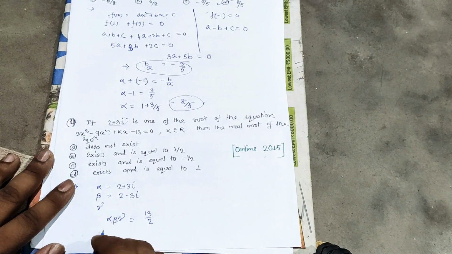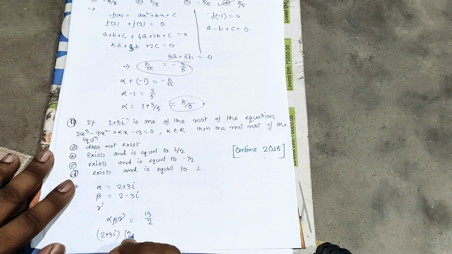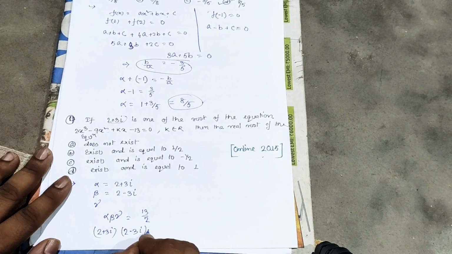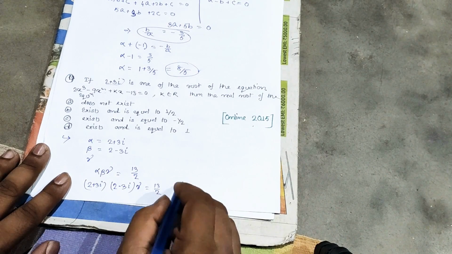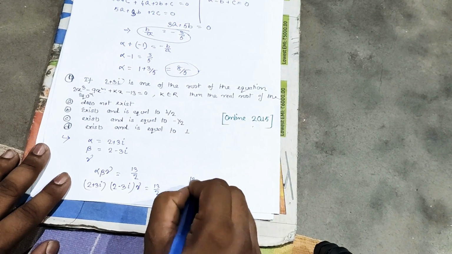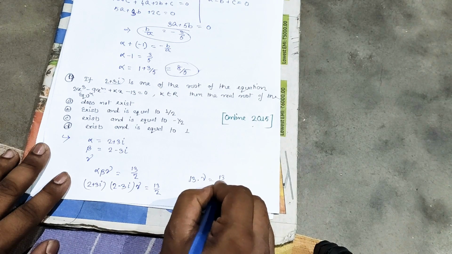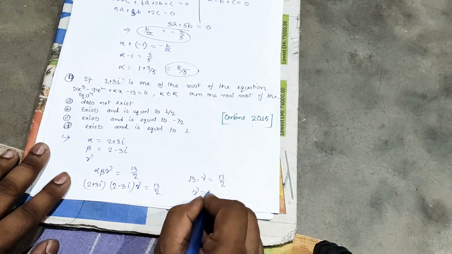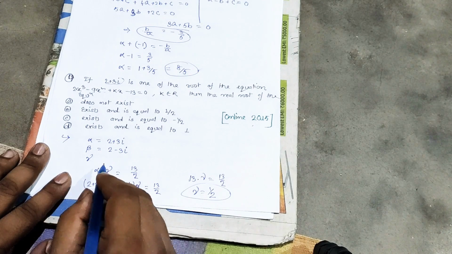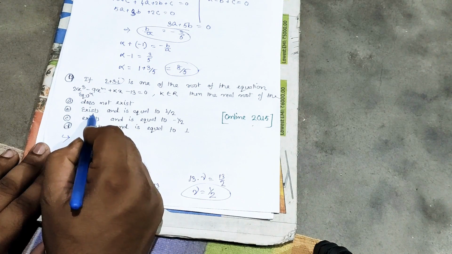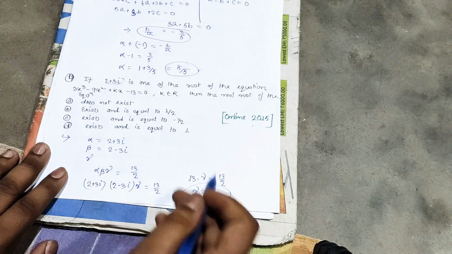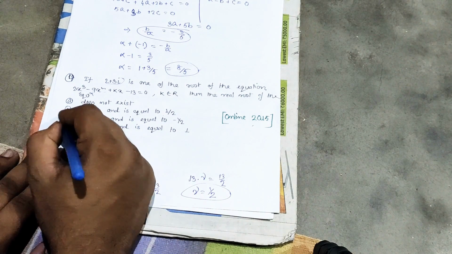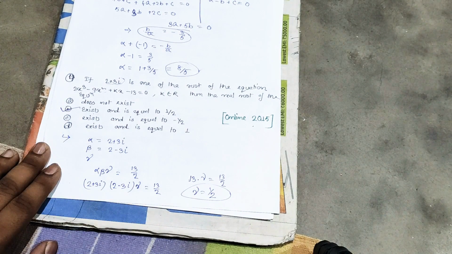So it will give us (2 plus 3i) multiplied by (2 minus 3i) multiplied by gamma equals 13 by 2. 4 plus 9 is 13, so 13 times gamma equals 13 by 2, and gamma equals 1 by 2. You can check its existence by putting gamma equals 1 by 2 here. So the correct option is option number B.